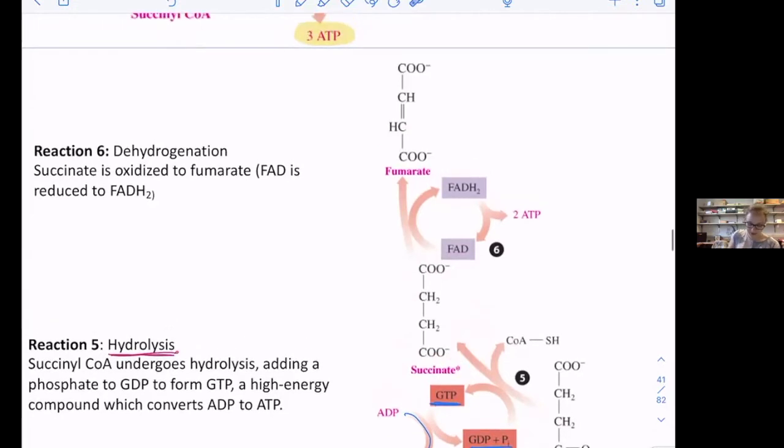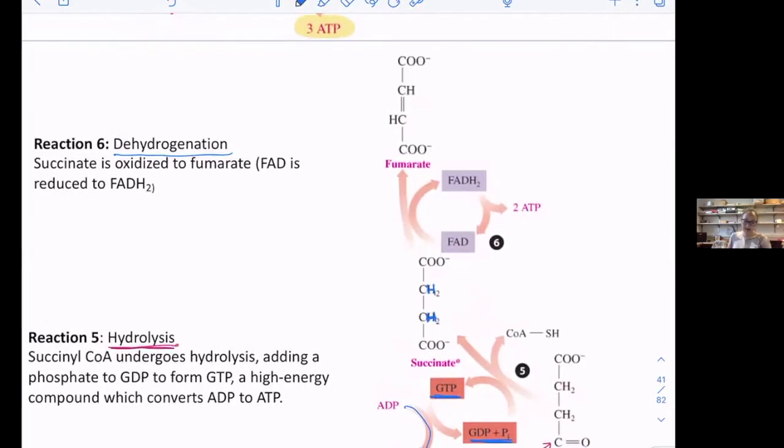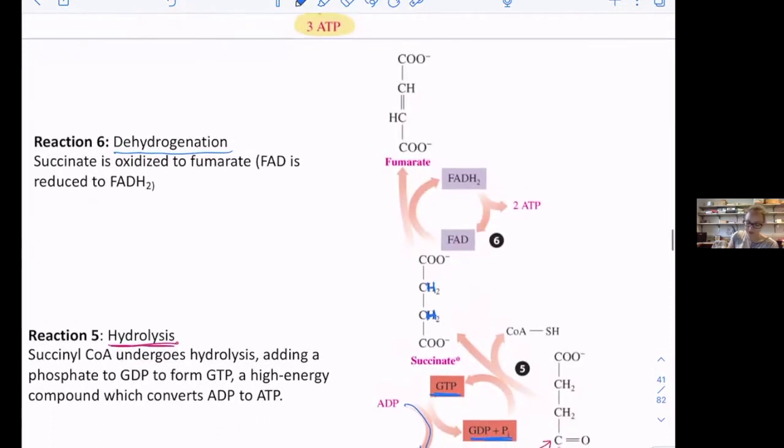Our next reaction, reaction number 6, is a dehydrogenation. So we're going to remove hydrogens. Technically there's 2 on either of these, but let's look at these hydrogens here, these blue hydrogens that I just highlighted. So succinate is oxidized to fumarate, which is this molecule up top, through using FAD.